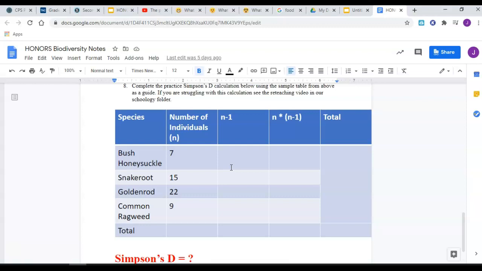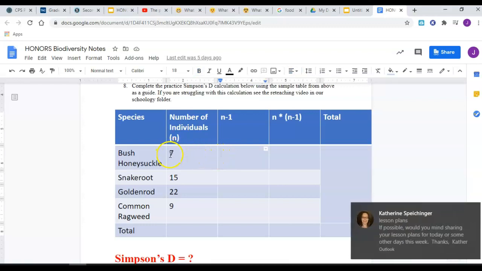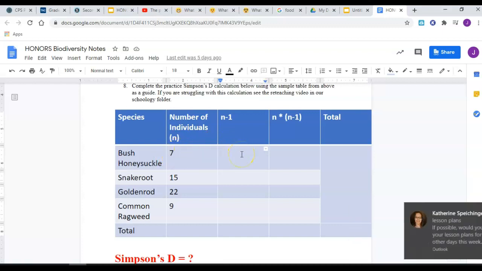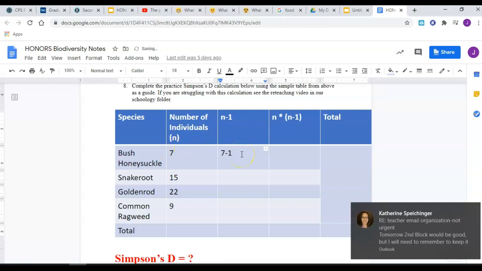So the first step in this table, we just put in the first row, the n, the number of each individual species here. We've typed that in for you. The second column is n minus 1. So I'm going to look at my column here, that was my n. 7 minus 1, which is 6.